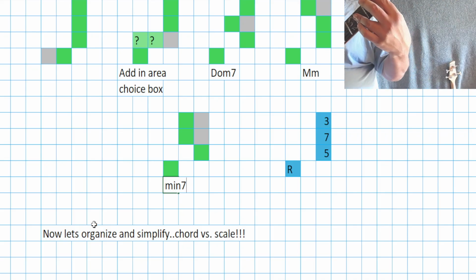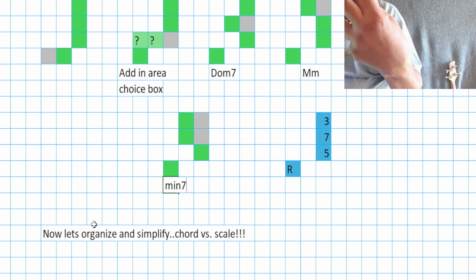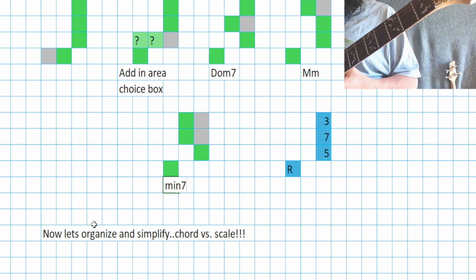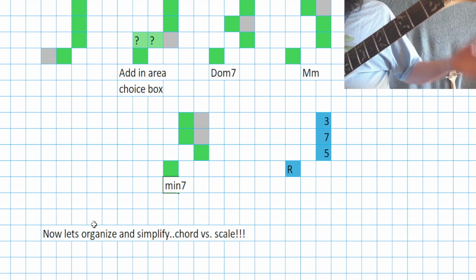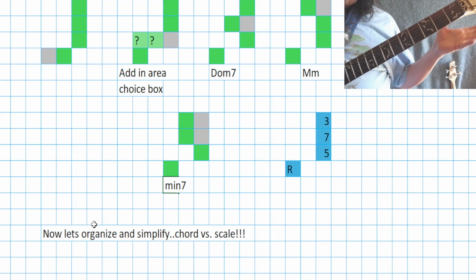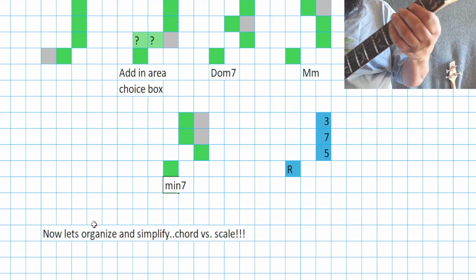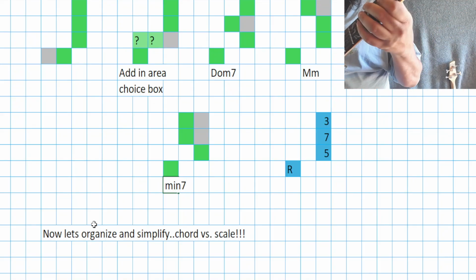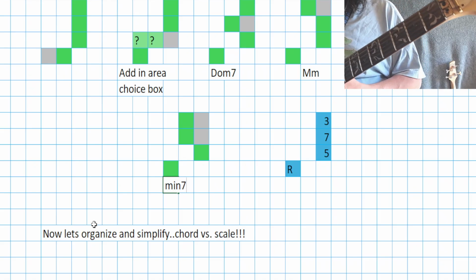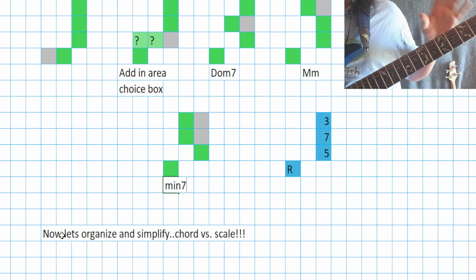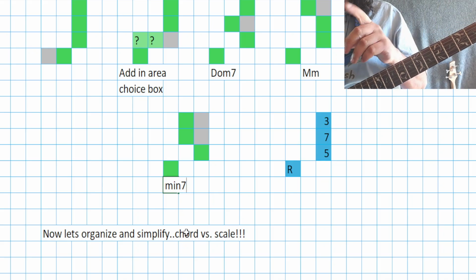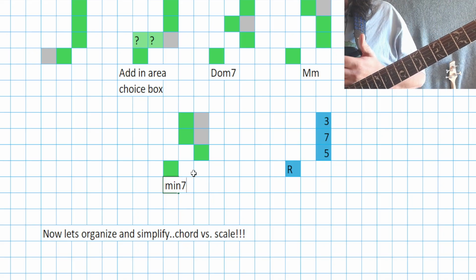Basically every time I play one of these, I can get two different key center shapes. One will be Aeolian, one will be Lydian. I can get two modal sounds out of one of these shapes. And I'm going to show you that it's actually very, very easy if you organize your visualization.